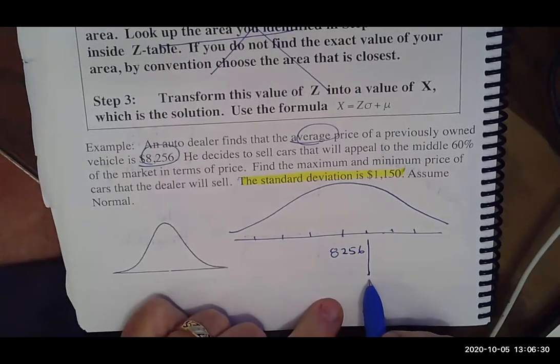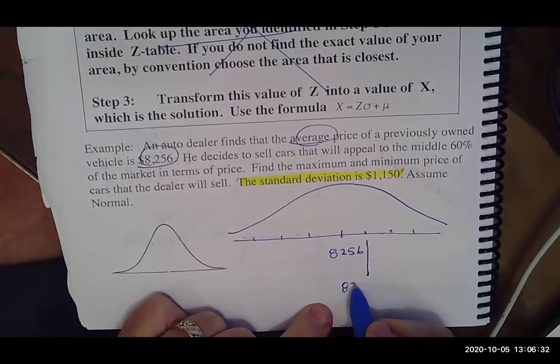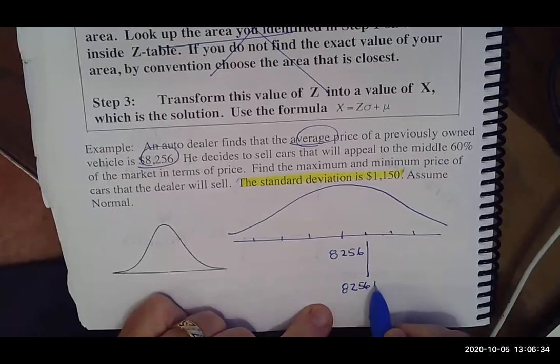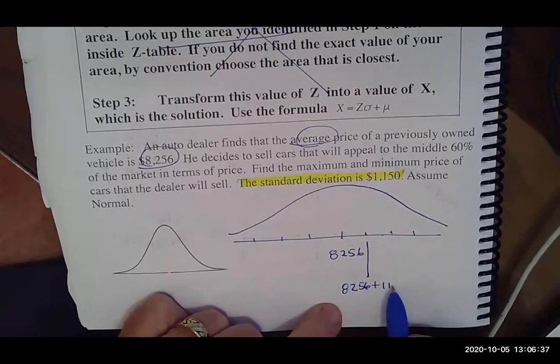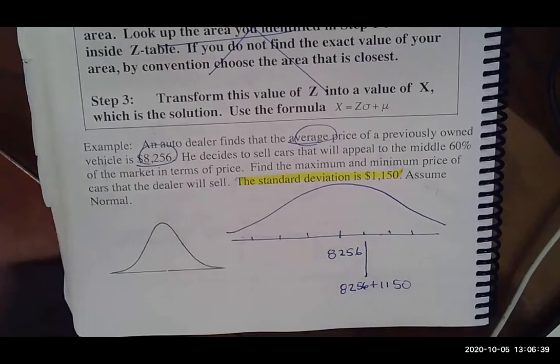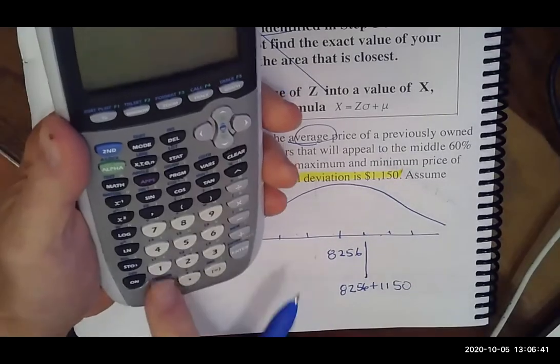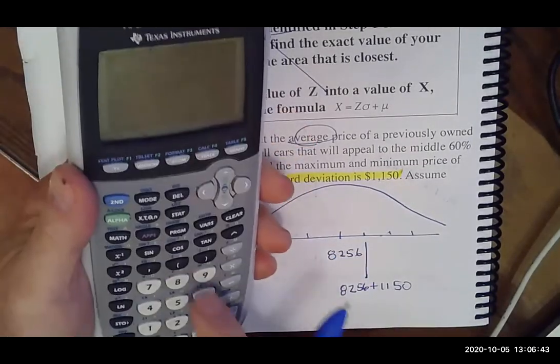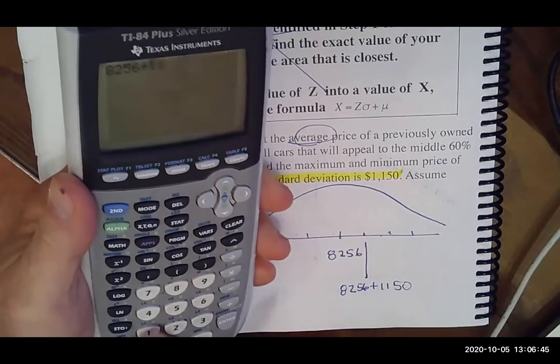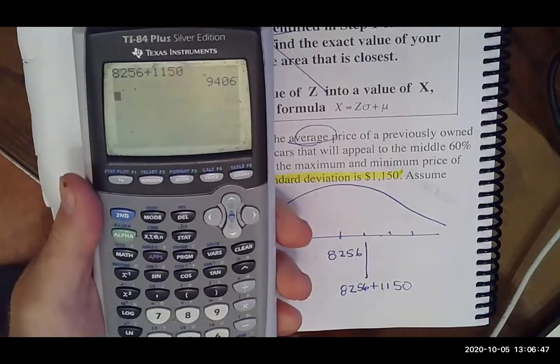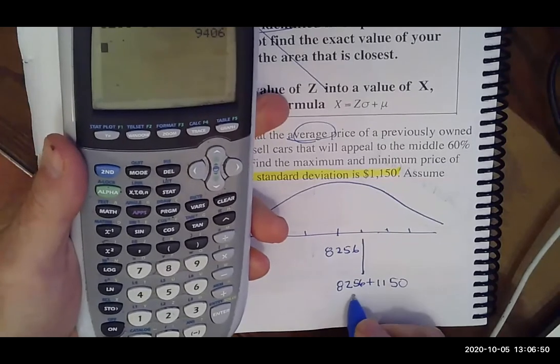So this one here is going to take the $8,256 and add $1,150 to get you, I can't do that in my head. $9,406. Okay, so this is money.